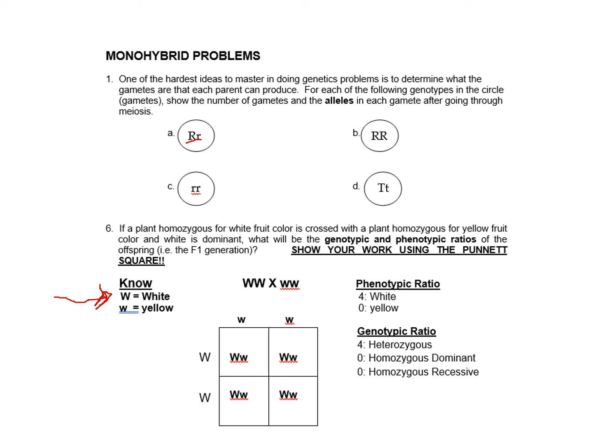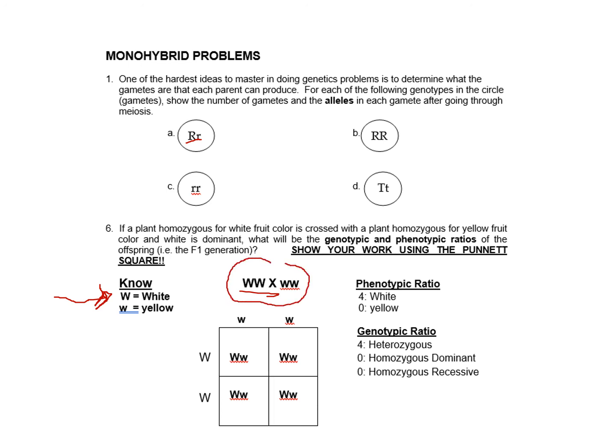So we know which one's dominant, which one's recessive, and then it says if a plant is homozygous for white, so you'll see here it's homozygous for white, and it's homozygous for yellow, then what would be the phenotypic and genotypic ratios? So basically, this is the way I would set it up.